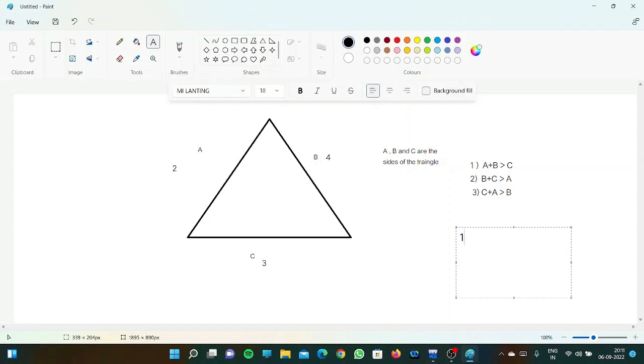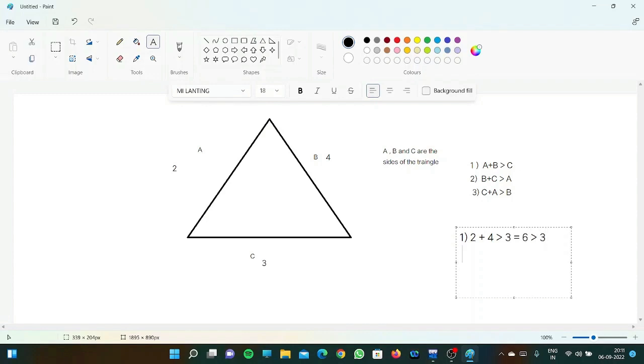Yeah. So according to our first condition, side A is 2 plus side B is 4, and we have to check if this is greater than 3. Now we can see that 6 is greater than 3.